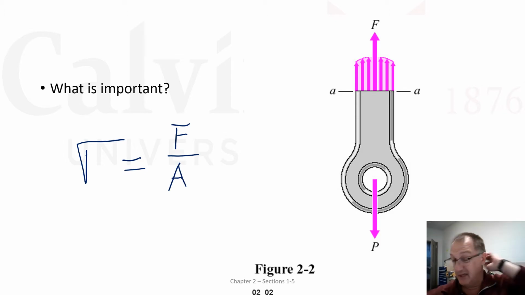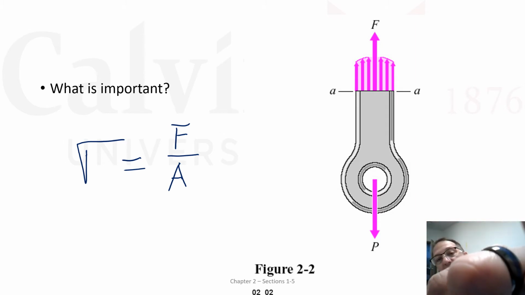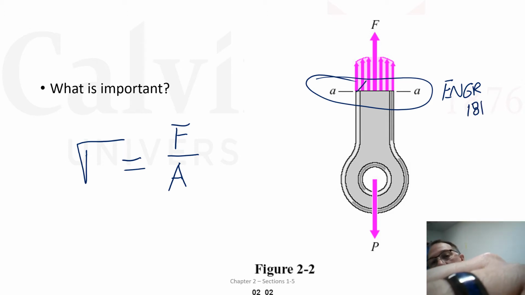Now, we've got to be a little careful. I'm using capital A. That is not the same as this A. This is, if you remember your Engineering 181, how you label a section view. All right, we're talking about this cross-sectional area. I'm going to go in red.